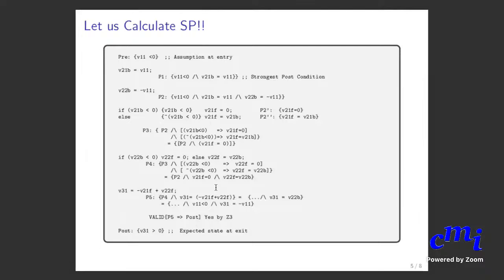And finally, after this, I know that V31 is equal to minus V21F plus V22F. Based on all these equalities, that simplifies to V31 equals V22B. And V22B is minus V11, and minus V11 is negative, and therefore this will be positive, and that can be used to check that it is true.